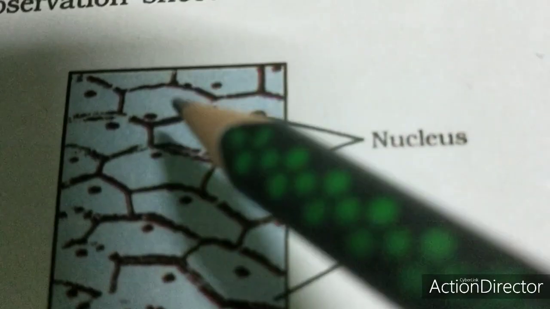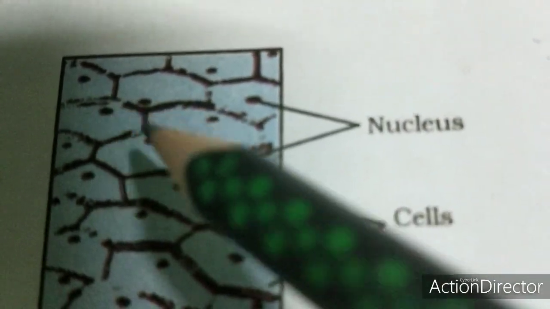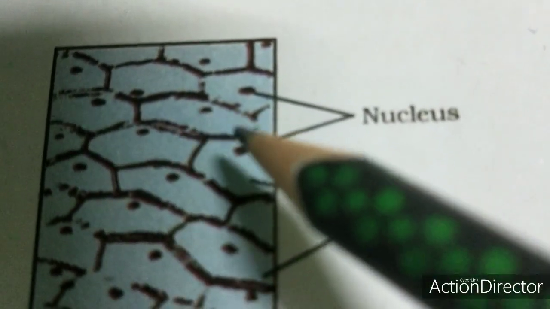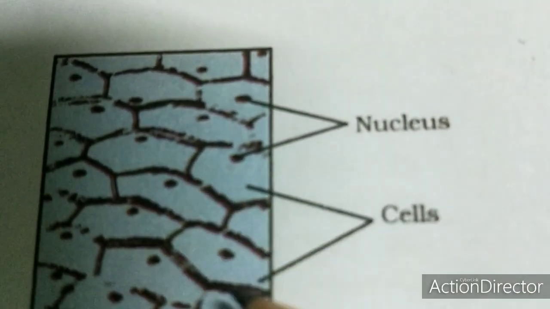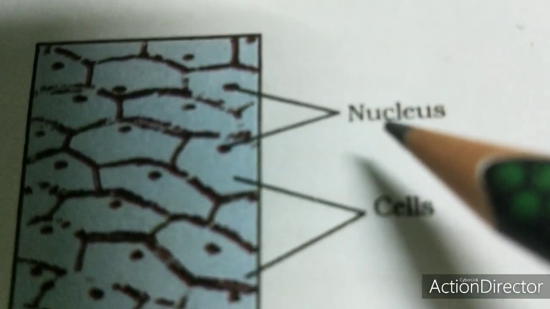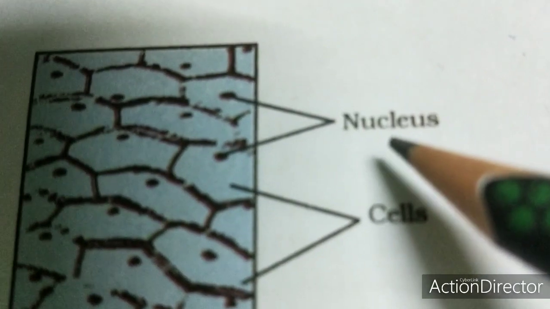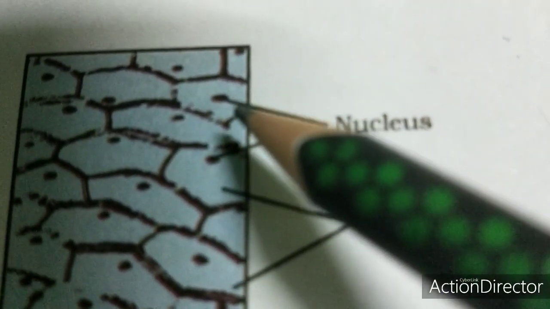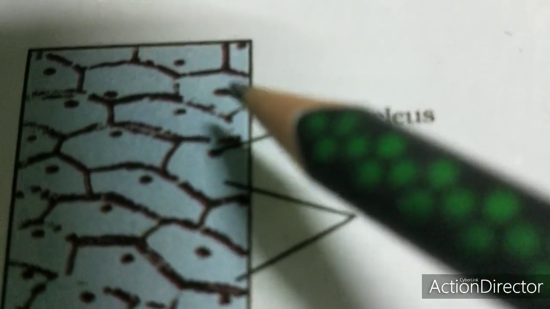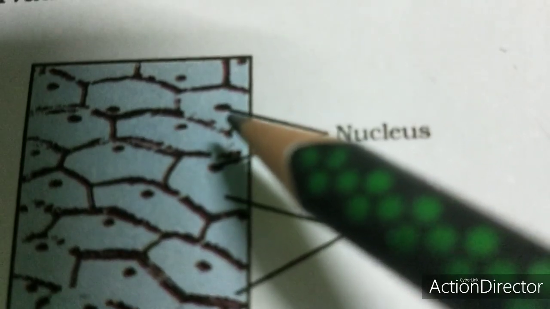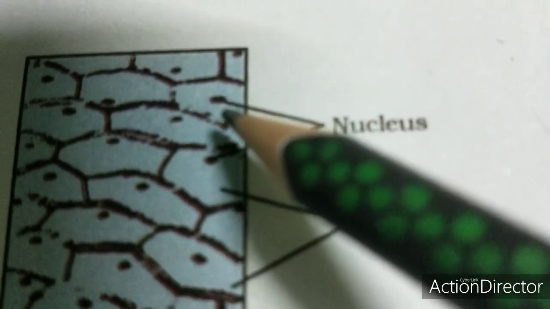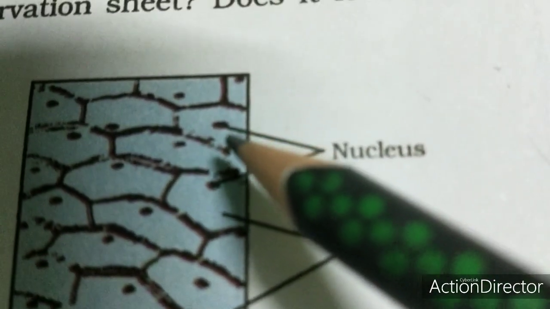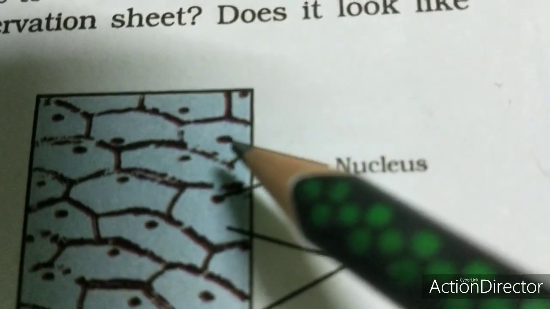Every cell, every block has a dark spot, and this dark spot is nothing but the nucleus. So, nucleus is an important part of the cell. Let us know in detail its structure and functions.